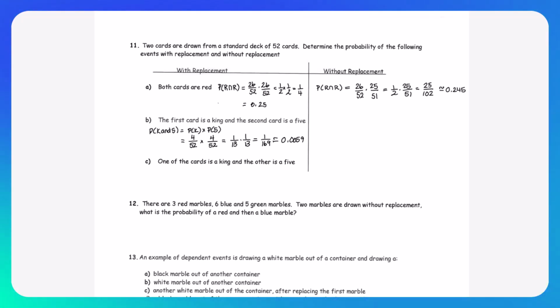What about without replacement? Okay. The probability that we have a king and then a 5 equals the probability of the king. I'm going to write out the formula. I realize I didn't do it there. Let's put that in just so, yeah.